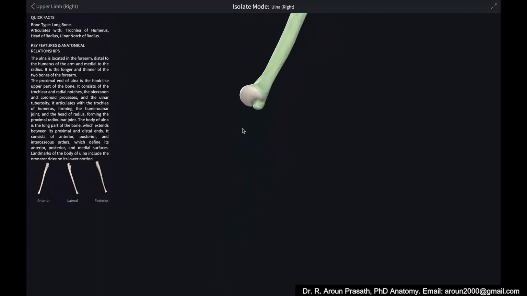This is the head of the ulna. This small projection on the medial side is called the ulnar styloid process. It gives attachment for the collateral ligaments of the wrist, so we will see that separately.